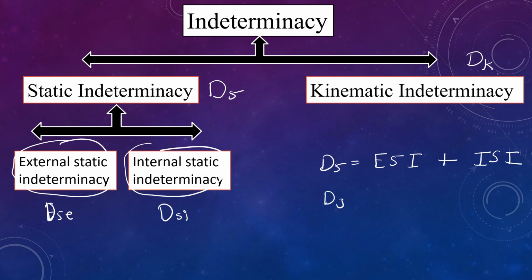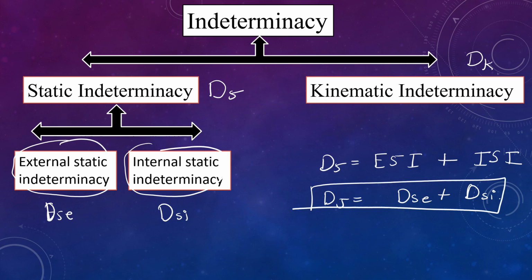So here Ds is equal to DSE plus DSI. This is the formula for static indeterminacy. And we'll see static indeterminacy and kinematic indeterminacy in detail in a further video.